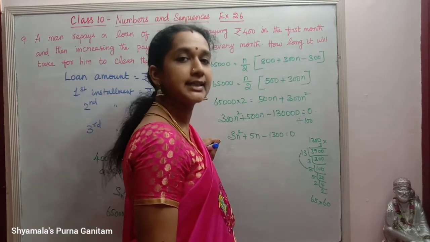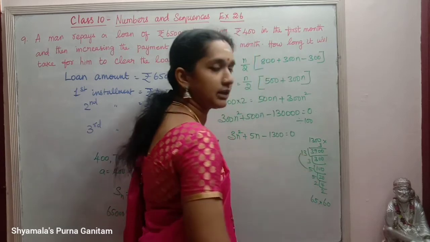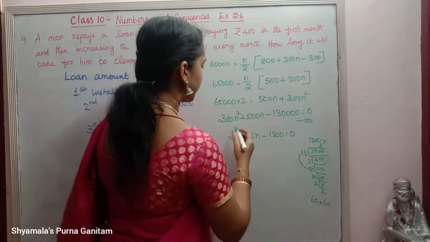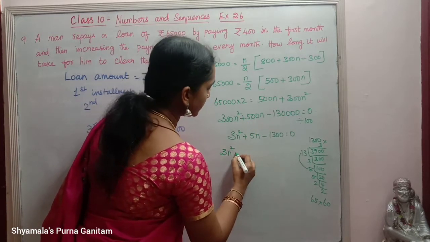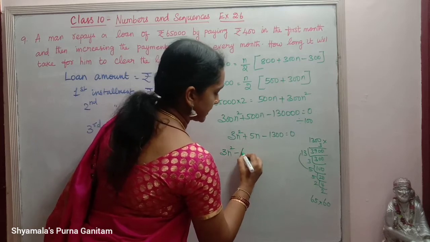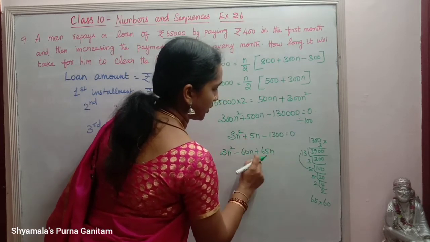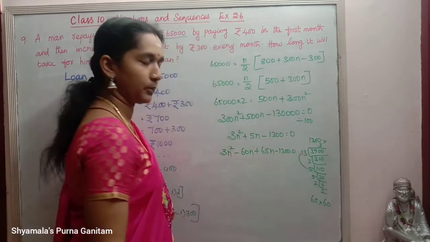So if we take 65 and 60, when we multiply 65 and 60, we will get 1300, and when we find the difference of that, we will get 5. So we will write this accordingly. So 3n squared minus 60n plus 65n. Bigger number should be positive. Minus 1300 is equal to 0.